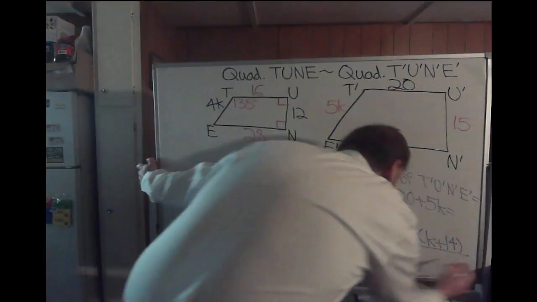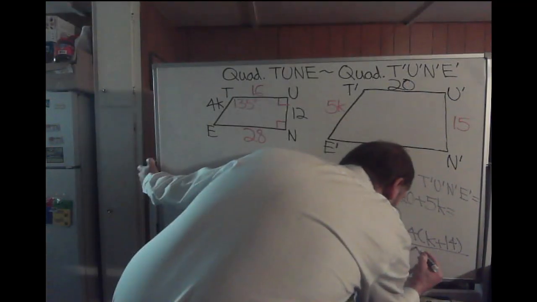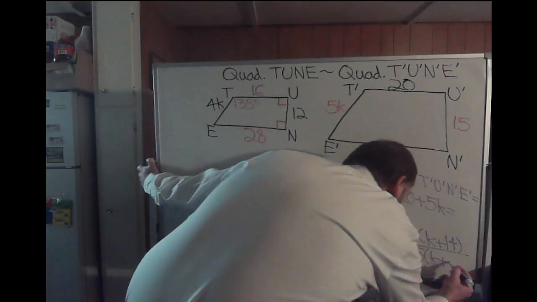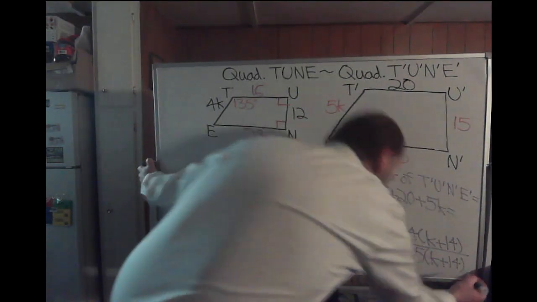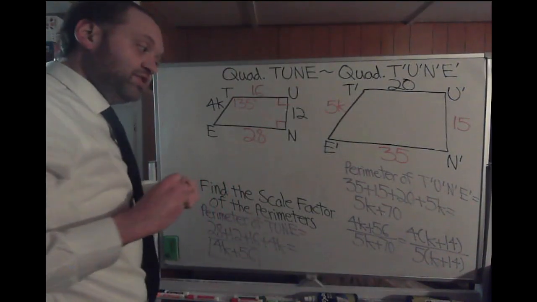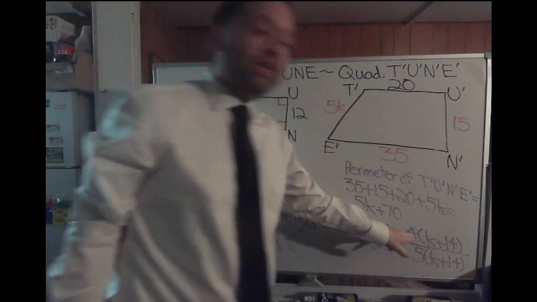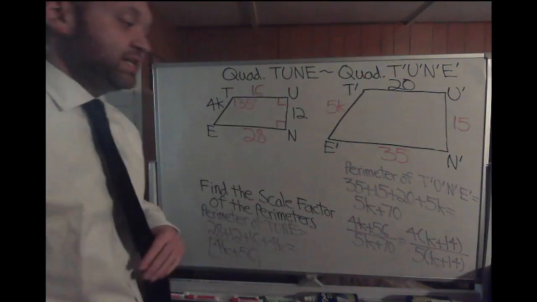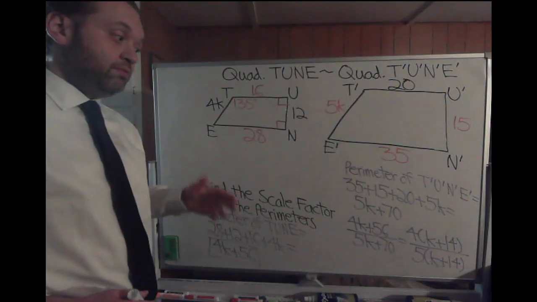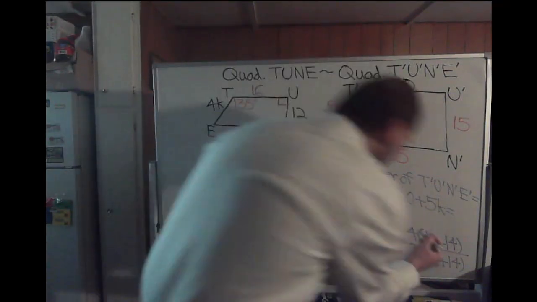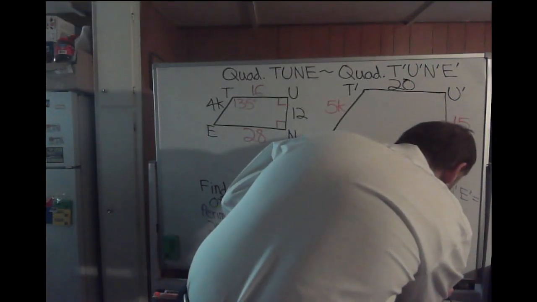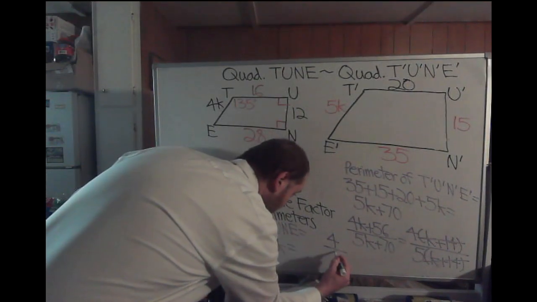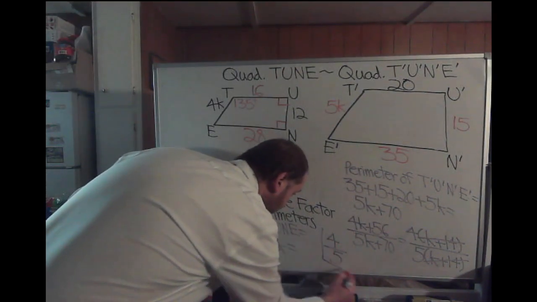In the denominator, we can factor out a common 5, which would give you 5 times the quantity of K plus 14. So the ratio of the perimeter so far is 4 times the quantity of K plus 14 over 5 times the quantity of K plus 14. Well, the K plus 14s will cancel out. That means the scale factor for the perimeters is also 4 to 5.